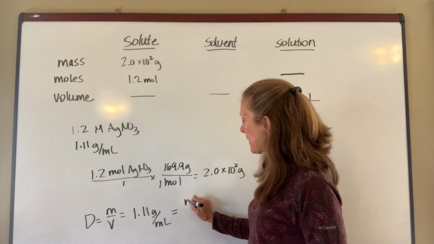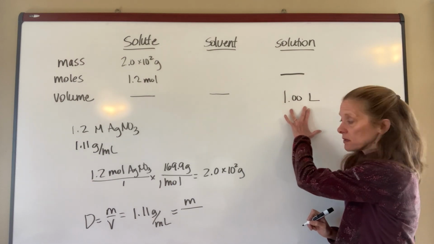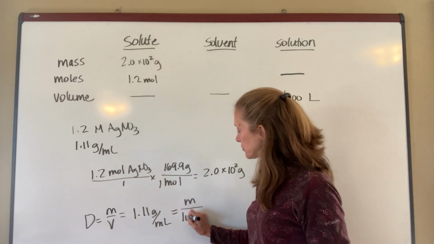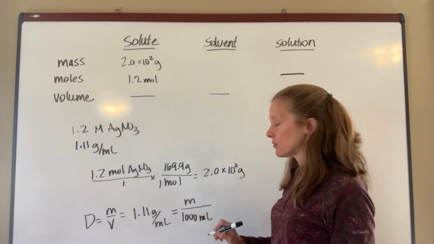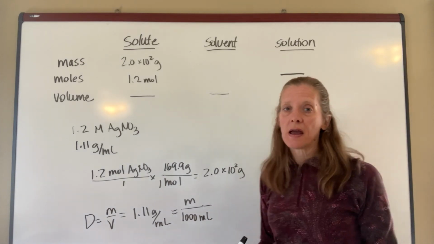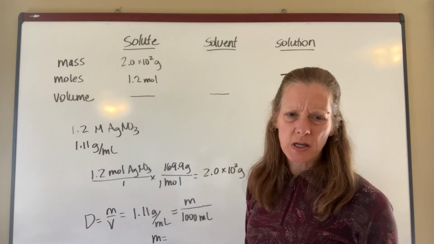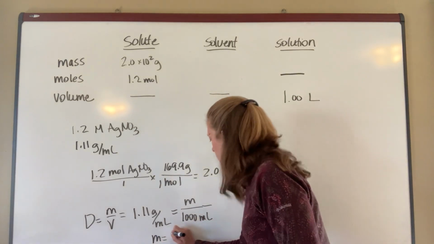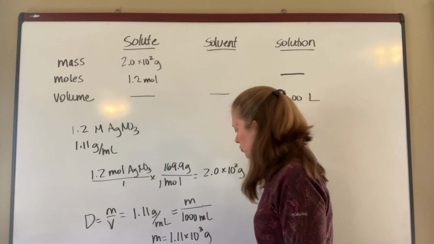I don't know the mass of the solution, but I do know the volume of solution is 1 liter, which is the same as 1,000 milliliters. Okay, and so therefore when I solve that, that is going to tell me that the mass is going to be equal to 1.11 times 10 to the third grams.